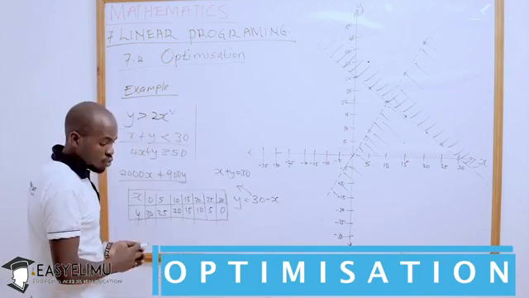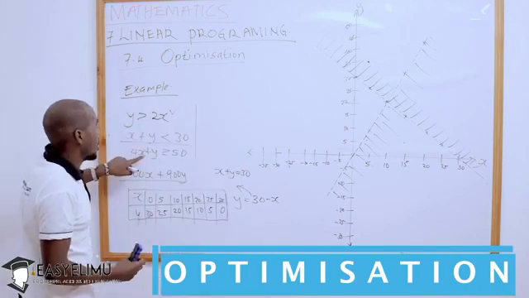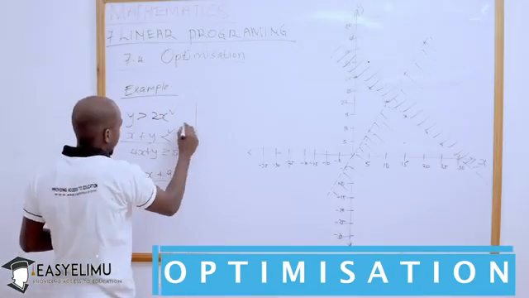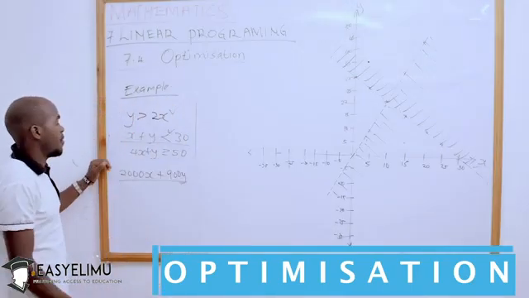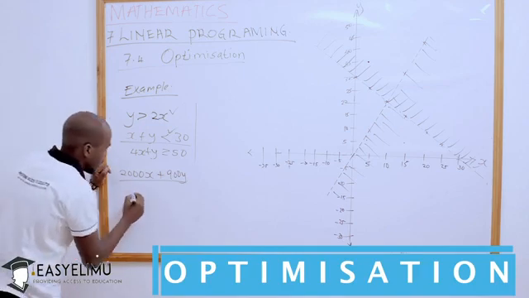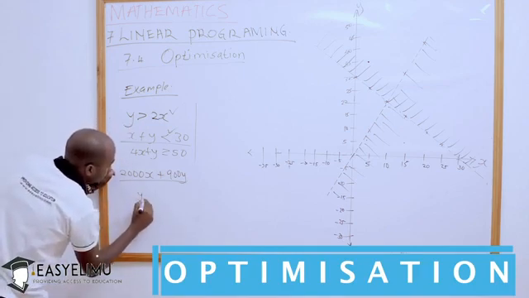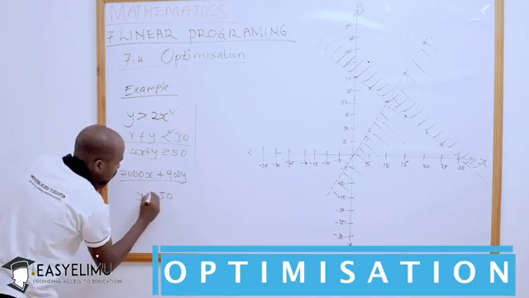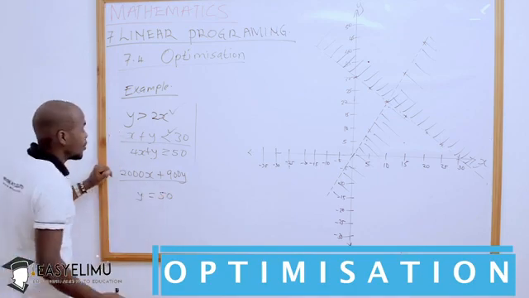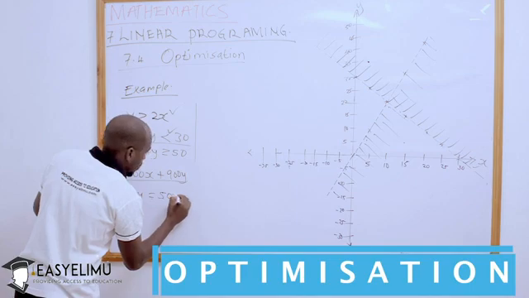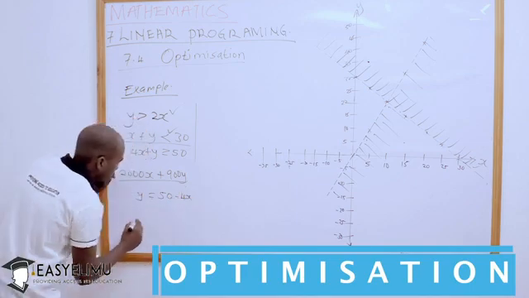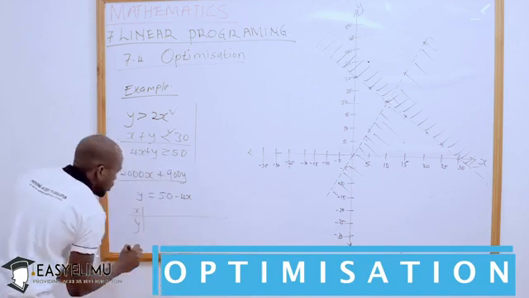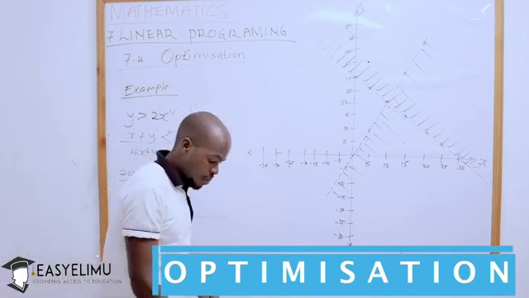We are going now to draw another inequality. This is 4x plus y. We shall draw 4x plus y is greater than or equal to 50. I'm going to draw the line y equals 50 minus 4x, and then we shall plot the points on the Cartesian plane.